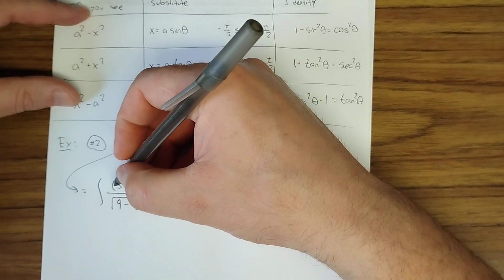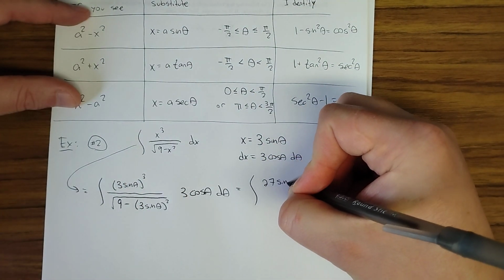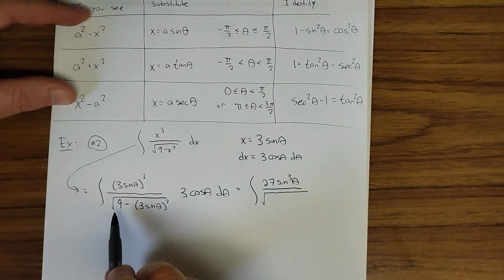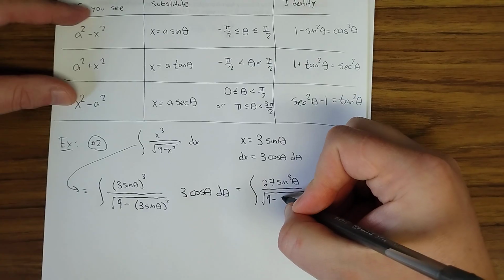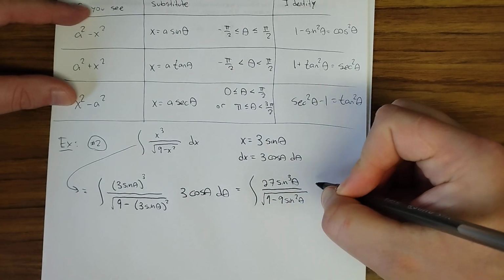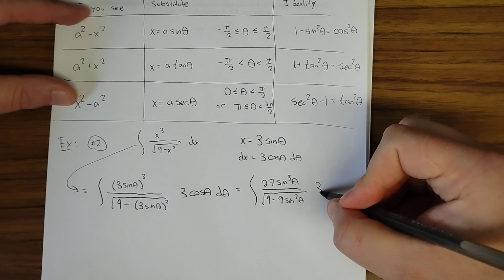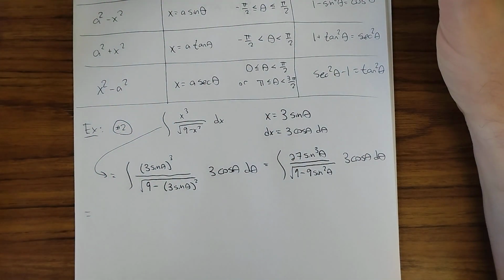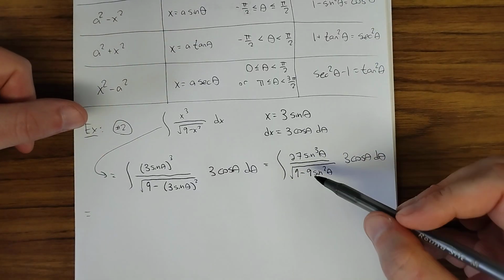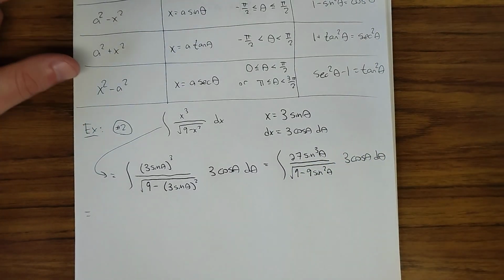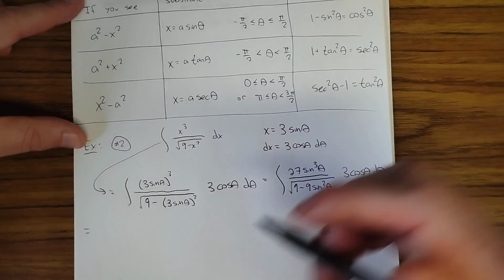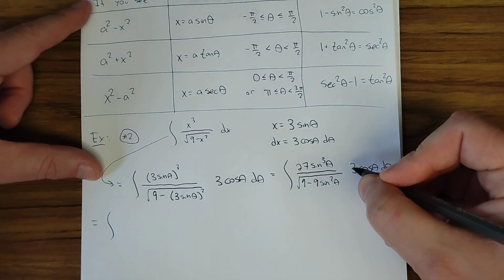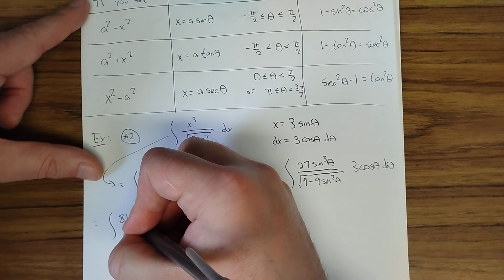Let's try to simplify. So 27 sine cubed theta over, I don't want to go too fast, 9 minus 9 sine squared theta. Now let me tell you what's going to happen. This part down here, I'm going to pull out a 9. 27 times 3 is 81.